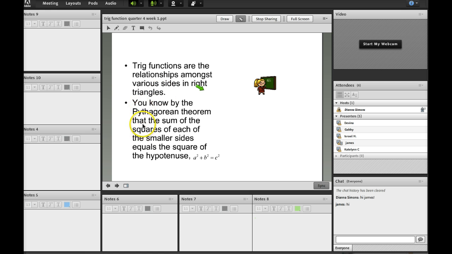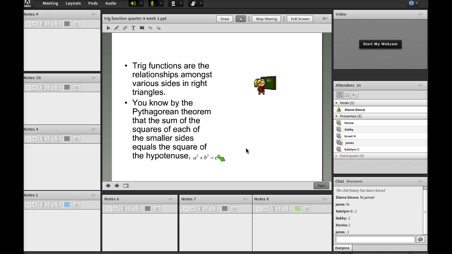By now you know the Pythagorean theorem and that the sum of the squares of each side is equal to the square of the hypotenuse. A squared plus b squared is equal to c squared. Everyone knows that, right? Give me a hands up or a smiley face, just if you know this. Good. Caitlin knows it. Gabby knows it. Davina knows it. James knows it. So Israel, are you the only one that doesn't know it?